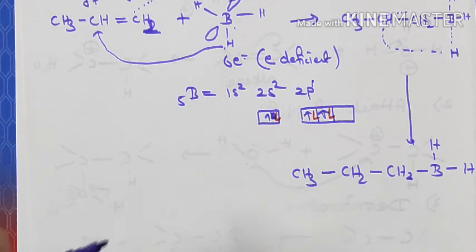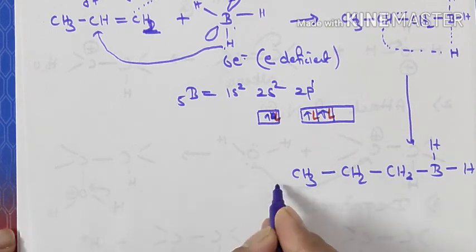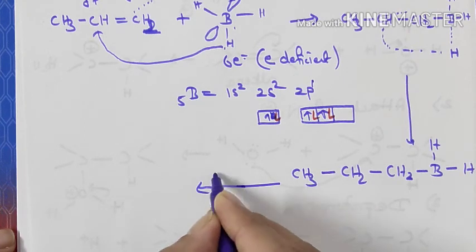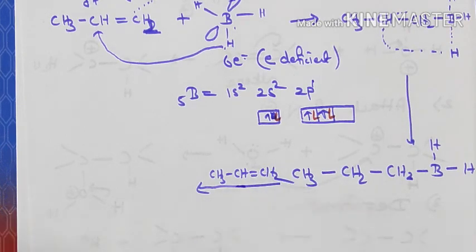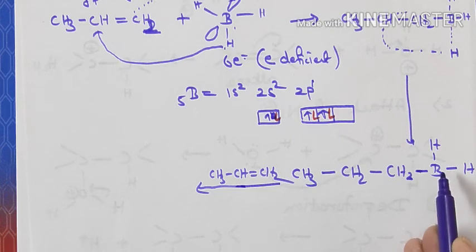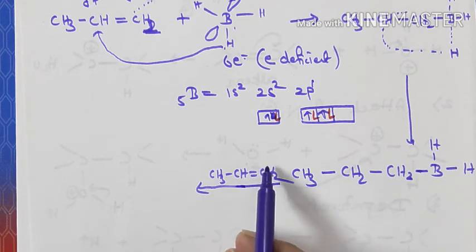So if again I react this with CH3 CH double bond CH2, the same thing is going to happen. See, again this boron has how many bonds? 3 bonds. Means again it has how many electrons? 6 electrons. That means again it is electron deficient. Again it has an empty orbital. Again this carbon is going to give its electron to this carbon.